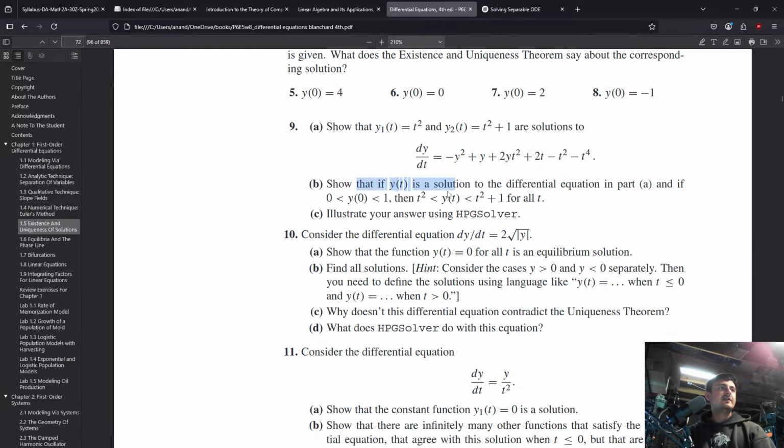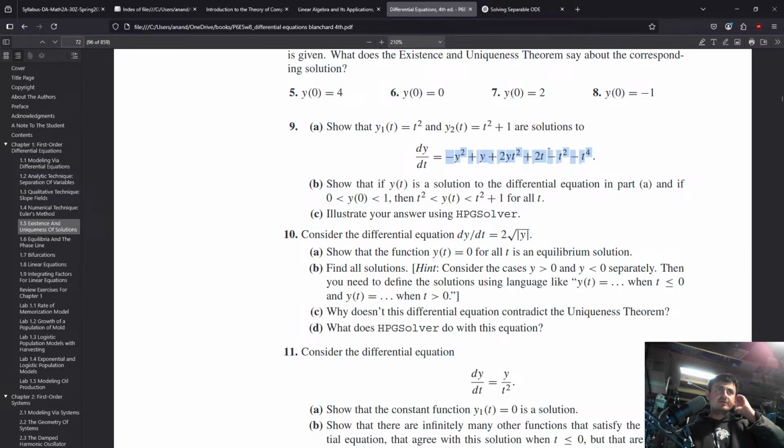All right, show that if y of t is a solution to the differential equation in part A, and if y of 0 is in between 0 and 1, then this is true. That's bounded. So the main things that we need to show is, first off, this is a polynomial, so it's continuous.